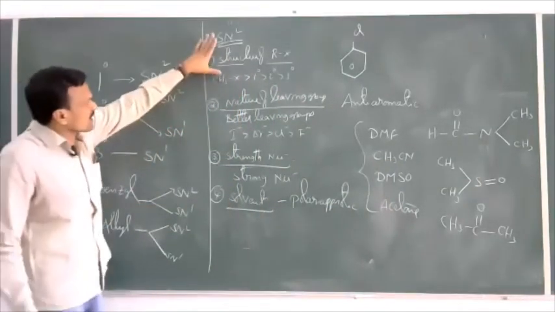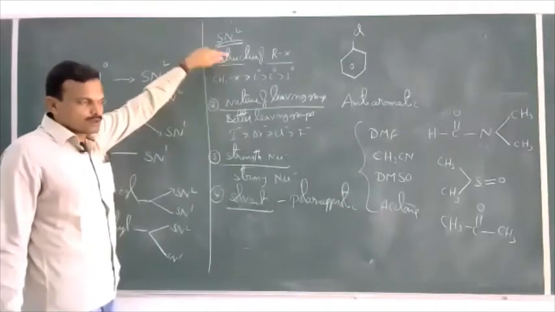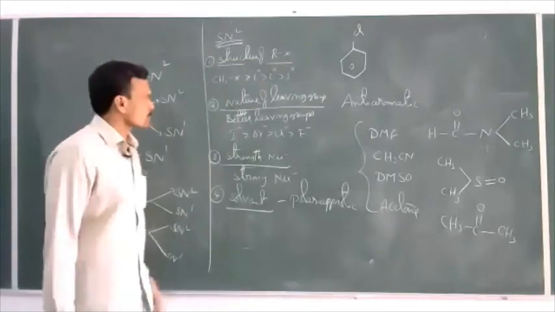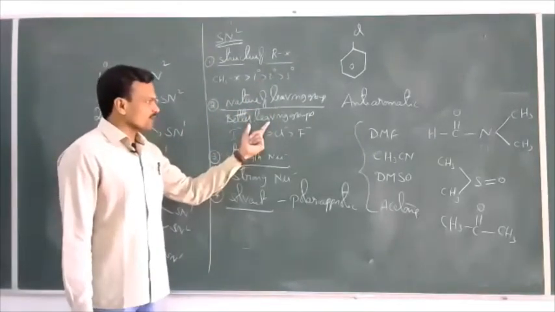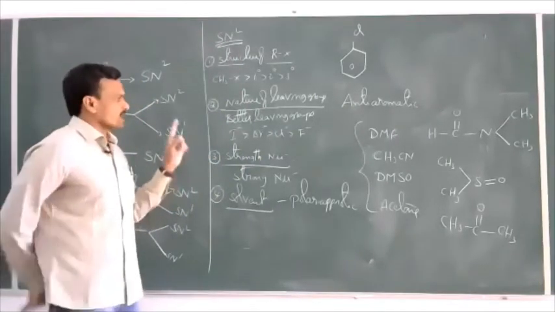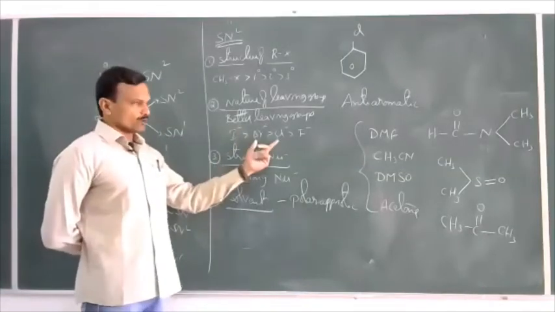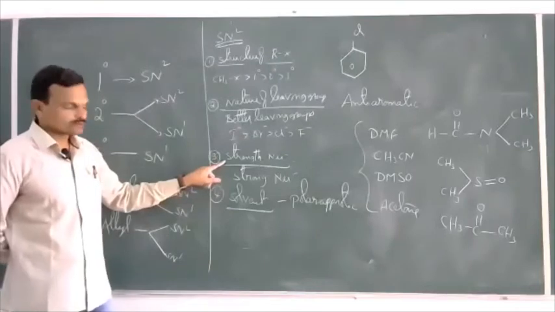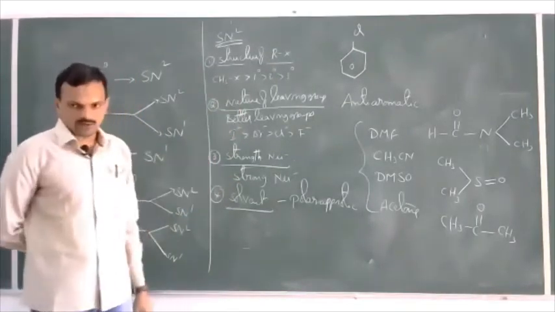So these are the 4 factors which can affect the SN2 mechanism. Structure: methyl > primary > secondary > tertiary haloalkanes. Nature of leaving groups: a better leaving group favors the SN2 mechanism, similar to SN1. The weaker the base, the better the leaving group. Strength of nucleophile: the attacking nucleophile must be stronger than the existing nucleophile.